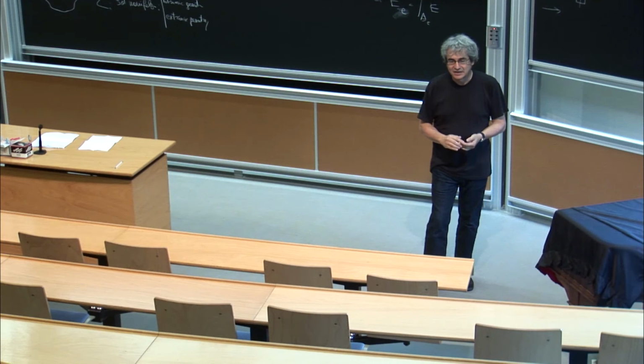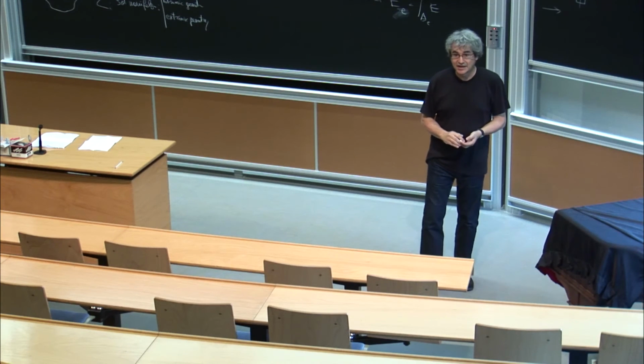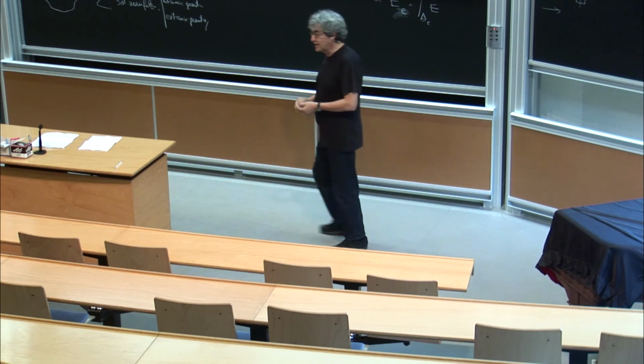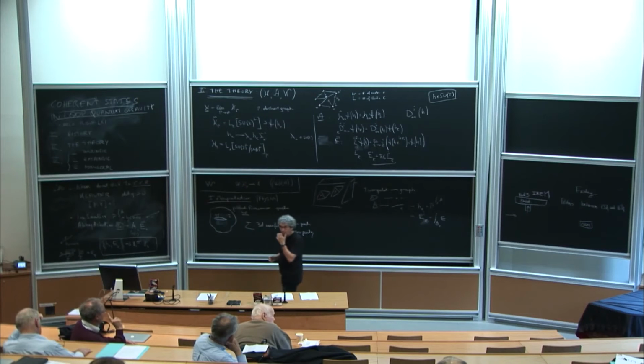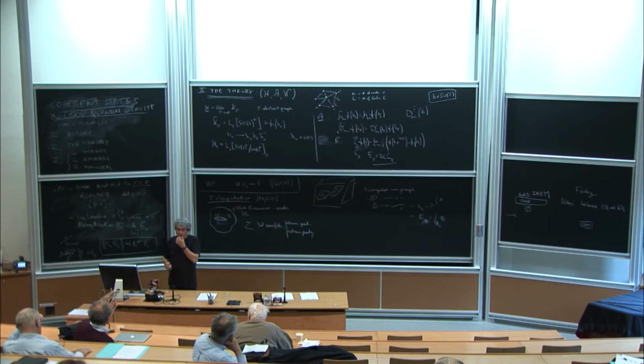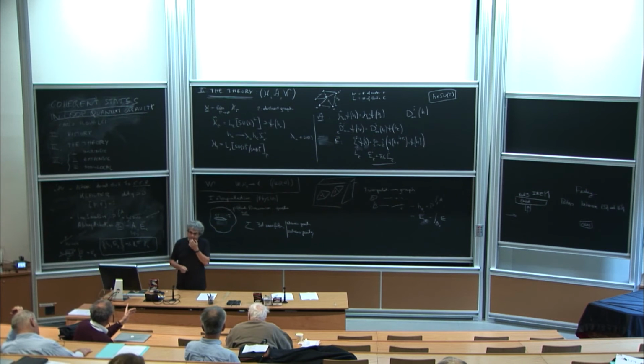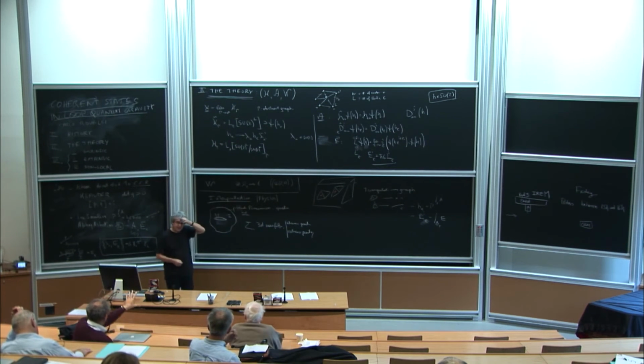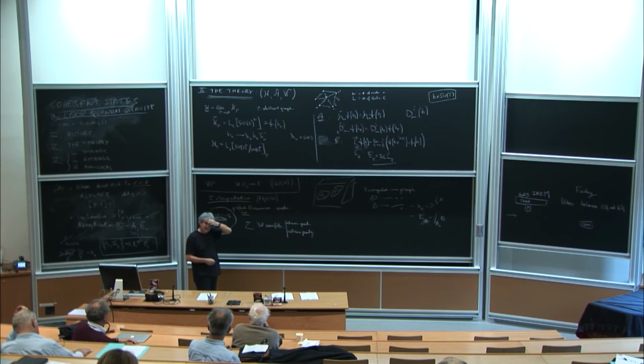So somehow you assume that your manifold sigma should be spin. Yes, absolutely. Otherwise, it doesn't work. So in the Hilbert space, you keep all the half integers. Yes, exactly. I think it's very important.